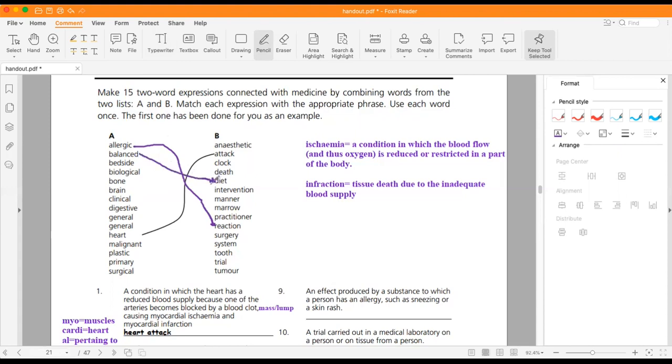Balanced diet. We say bedside manner. All right. We say biological clock. And we say bone marrow.